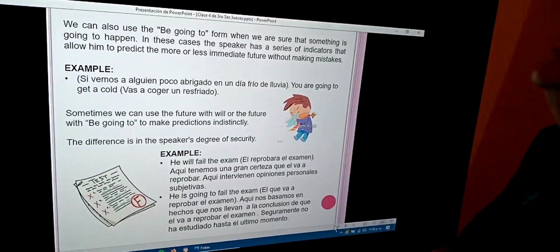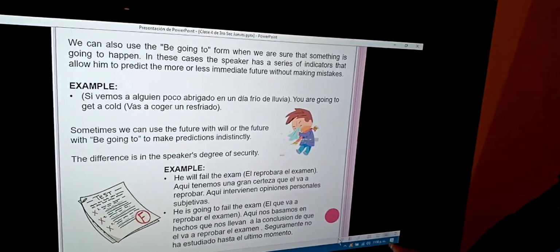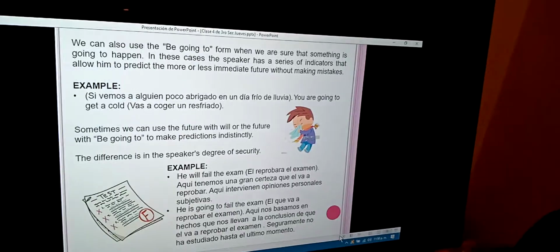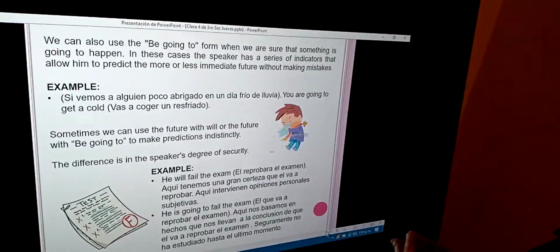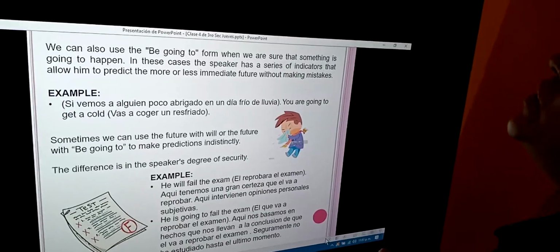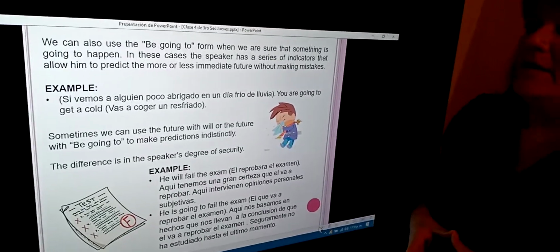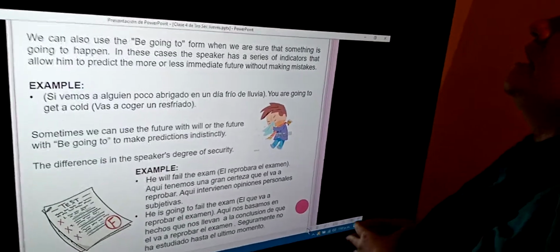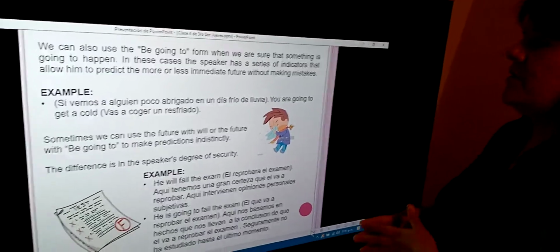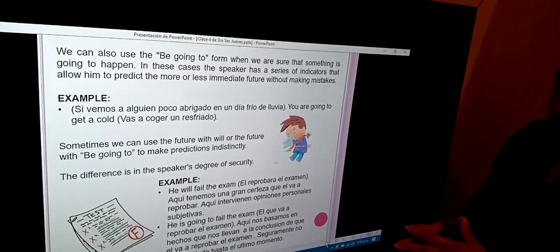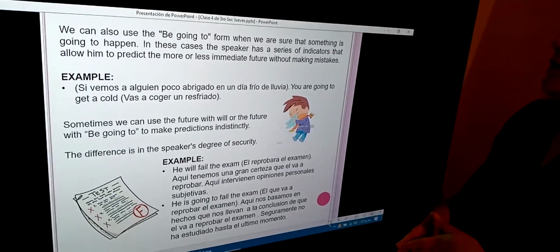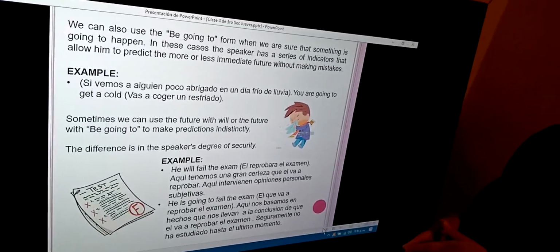We can also use be going to when we are sure that something is going to happen. In this case, the speaker has a series of indicators that allow him to predict the more or less immediate future without making a mistake.